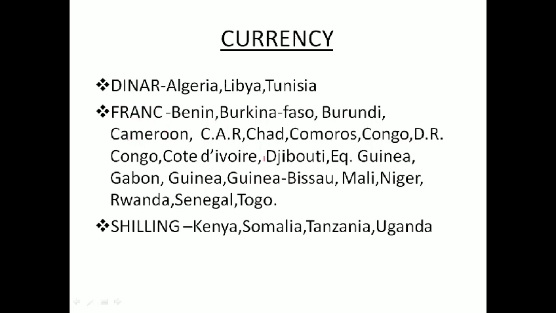Franc, because they were earlier colonies of France, so they have the currency called franc: Benin, Burkina Faso, Burundi, Cameroon, Central African Republic, Chad, Comoros, Congo, Democratic Republic of Congo, Cote d'Ivoire, Djibouti, Equatorial Guinea, Gabon, Guinea, Guinea-Bissau, Mali, Niger, Rwanda, Senegal, Togo. Whereas the shilling is shared by Kenya, Somalia, Tanzania, Uganda.